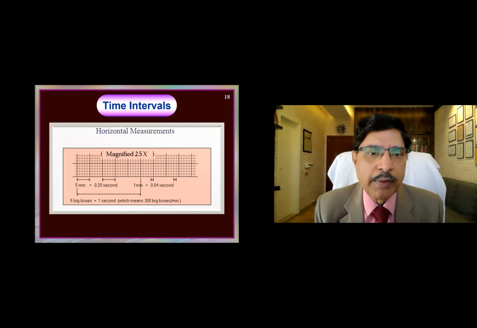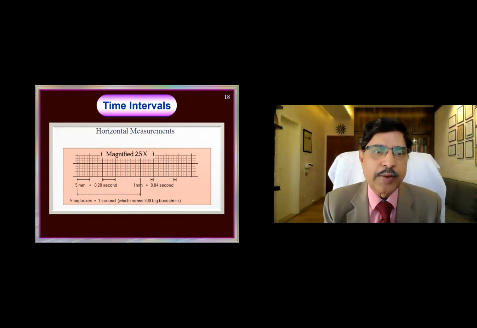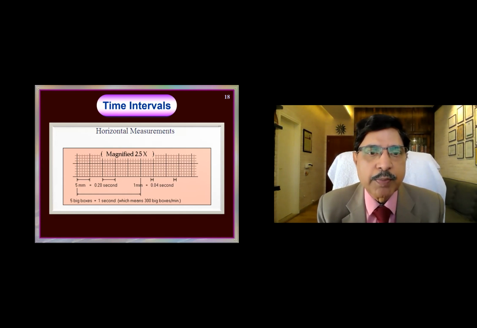So 5 big squares is equal to 1 second. You understand that? Each big box, each darker line enclosed big box, is 0.2 seconds. 5 such will be 0.2 multiplied by 5, which is equal to 1 second. So 1 second will be traversed by 5 big squares. Small square I have already told you, 0.04.